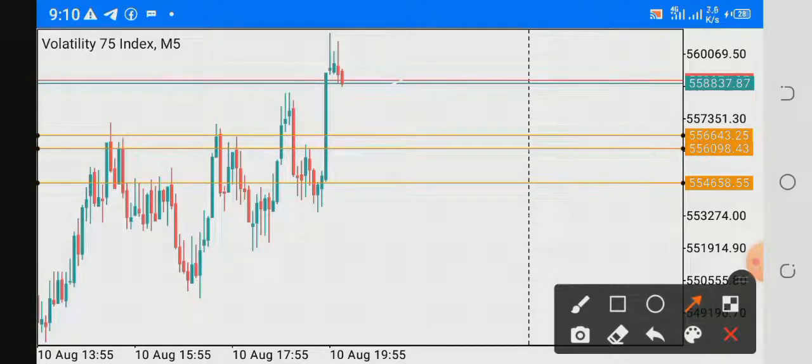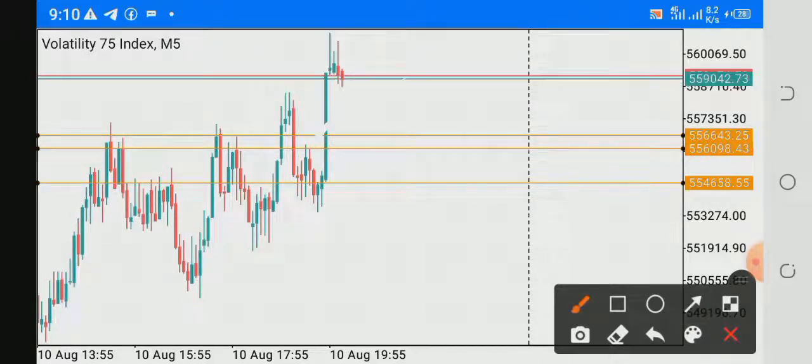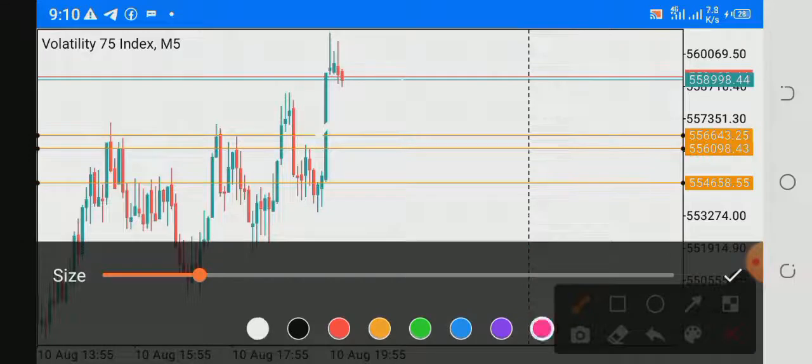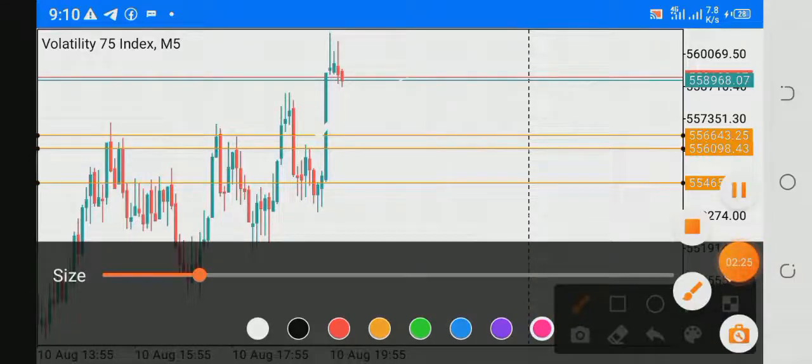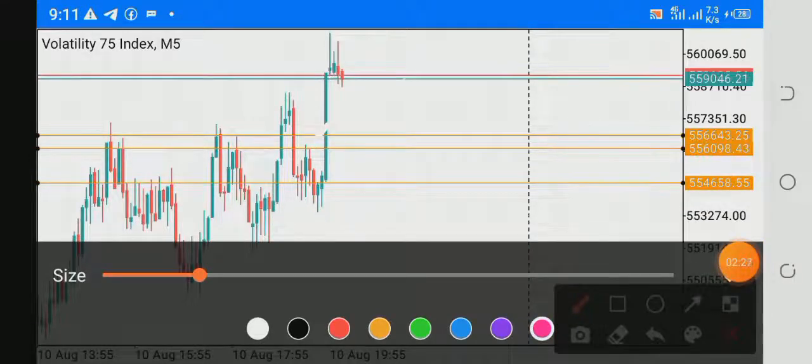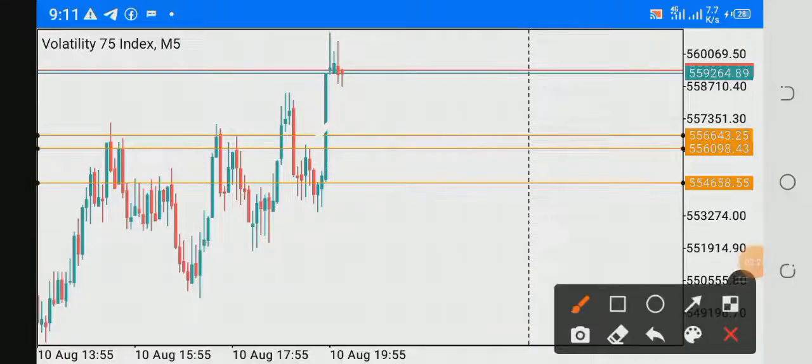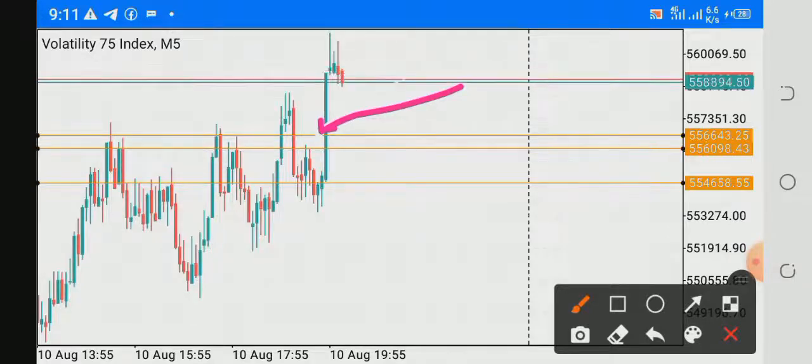This resistance line, I want to know if our resistance right there is going to hold. So when I checked the movement, I was able to close the trade because I don't really know whether it will hold.